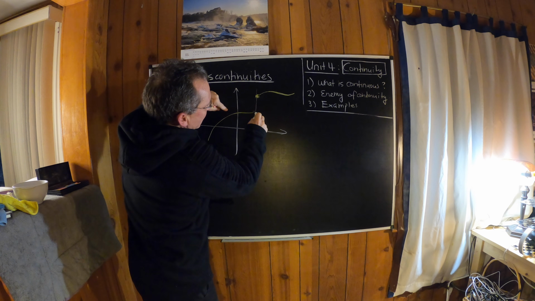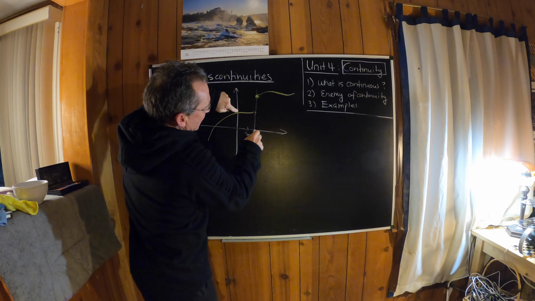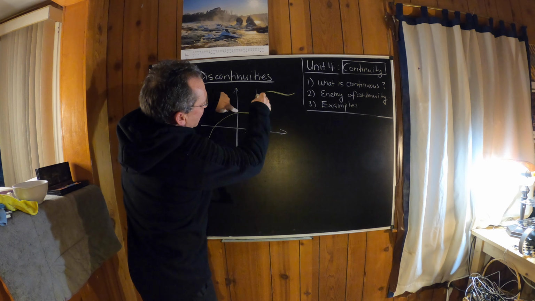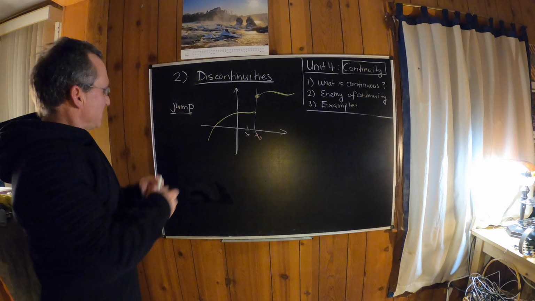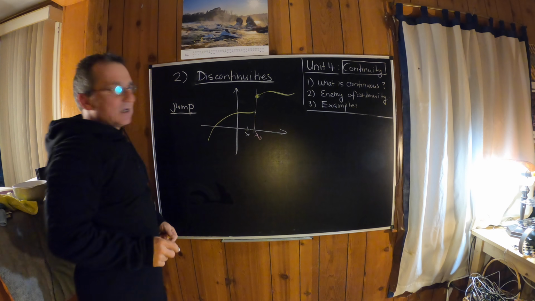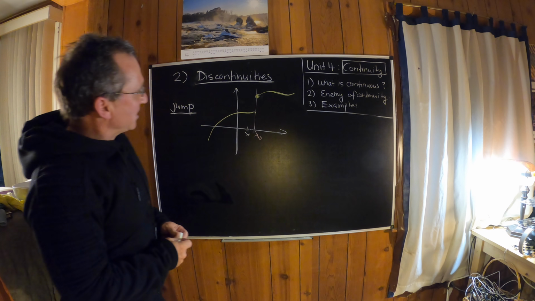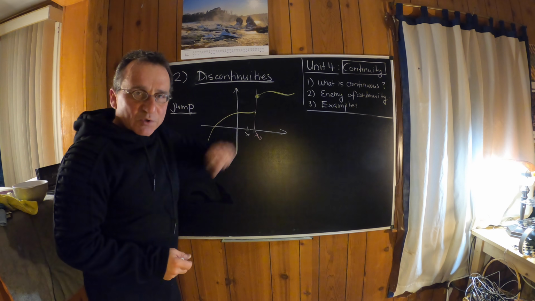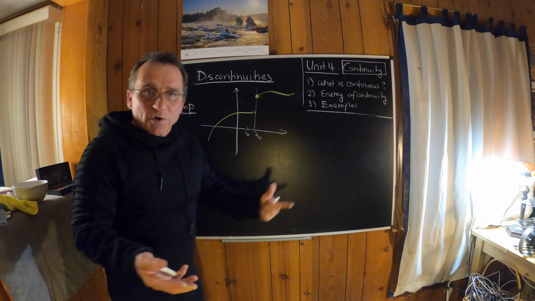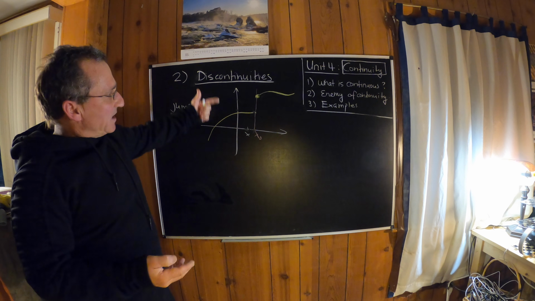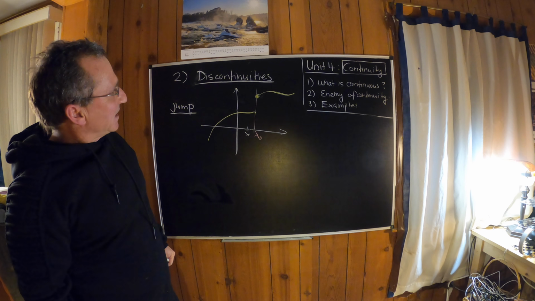So the limit here is this value, while if you come from the other side, we get a different value. These are called jump discontinuities, and they are quite frequent, especially in number theory, in signal processing, in neural networks, switches. There are many places where discontinuities like that appear.